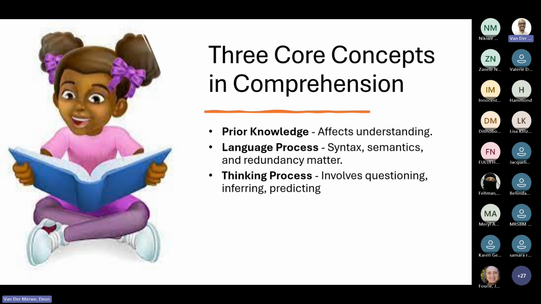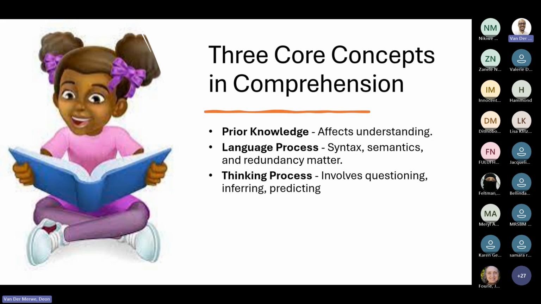Now, critical thinking is quite important when it comes to reading, especially in the times that we are living in, where learners now have access to ChatGPT or to these AI tools or platforms.